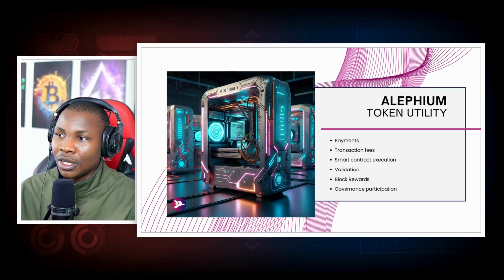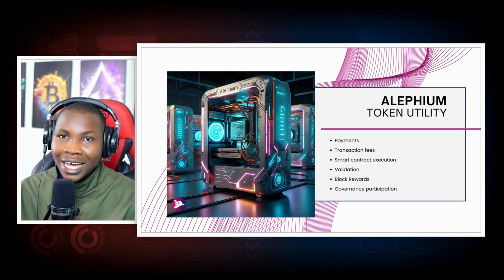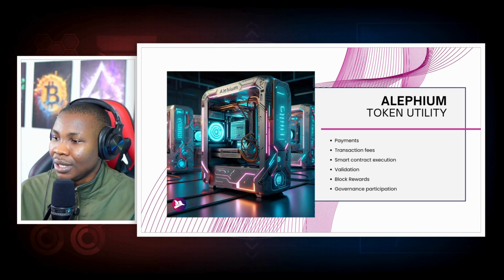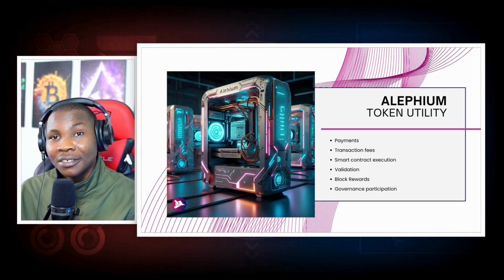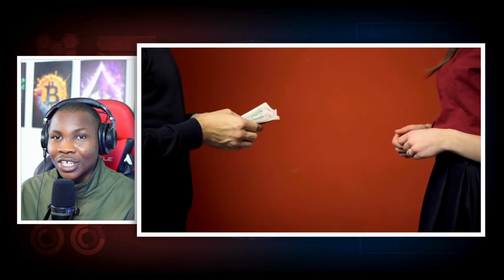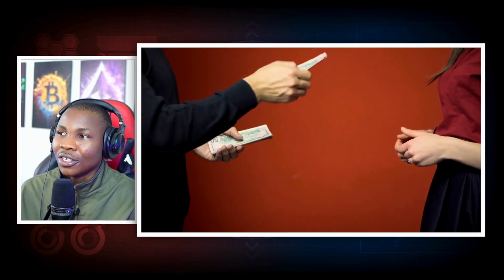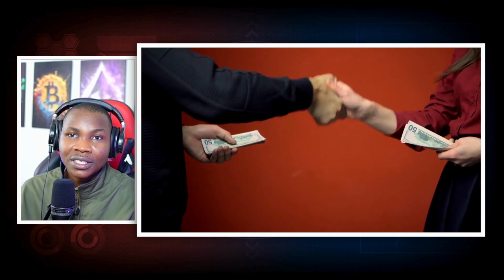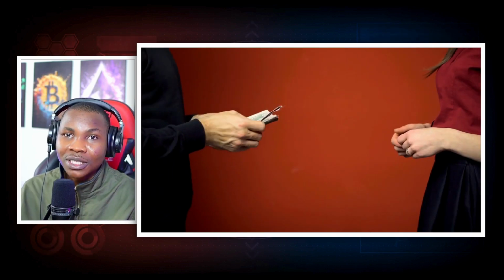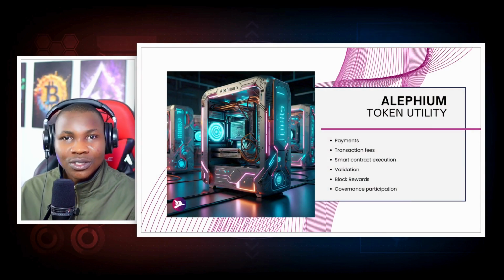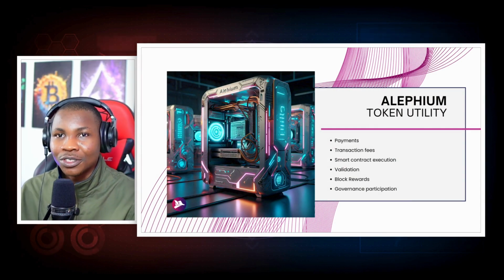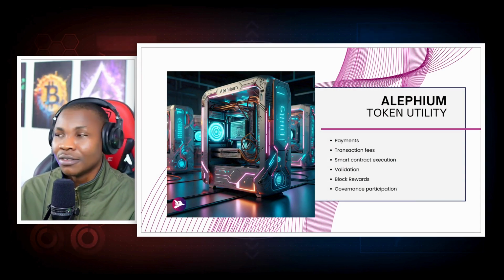But for Alephium, you use the Alephium token to make payments. Okay, payment valid. Check mark. You can use that to pay Mr. A for Mr. B's services, Mr. B for Mr. A's services, just transfer and all that, which is cool because it's a valuable token.